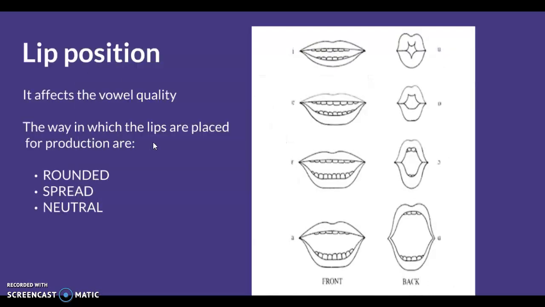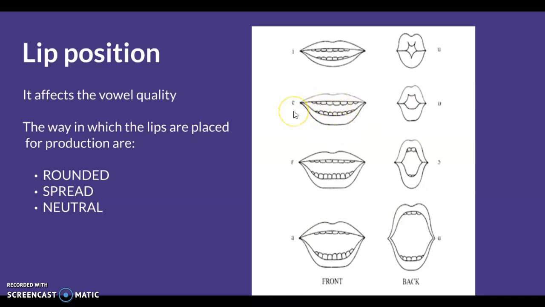Okay? So what we also have to care about is the lip position, not only as regards cardinal vowels, but about vowel quality in general. Yes? The way in which the lips are placed for pronunciation can be rounded, spread, or neutral. Yes? So here you have spread, these are rounded, and something like this would be neutral.